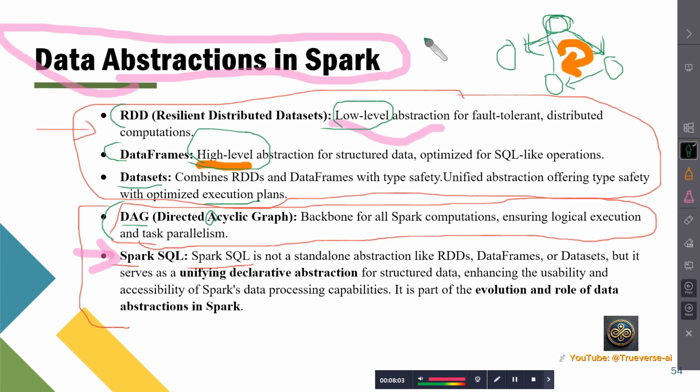DAG means you have only one direction, then go to another, and never come back. This is the DAG graph type, which is the backbone for Spark computation processes. We already explained the Spark SQL. So let's dive into them one by one. Remember RDD, data frame, data set, DAG, and Spark SQL.